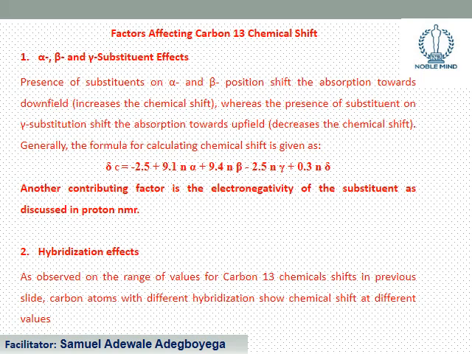Let's discuss briefly the factors affecting carbon 13 chemical shift. The first factor here is the alpha, beta, and gamma substituent effect, and we say the presence of substituents at the alpha and beta positions results in the shift of absorption towards downfield.